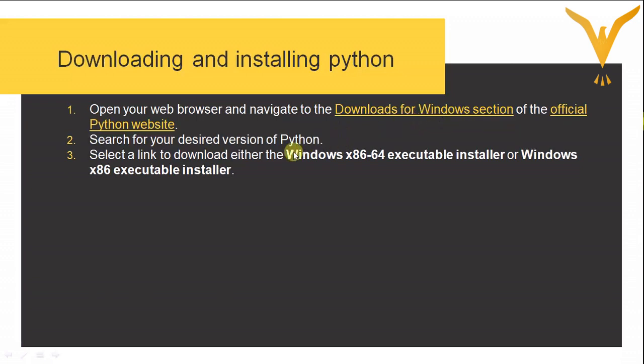Just select your desired version of Python. Right now I'm using Python 3.6. You can select whatever version you want, and just download this particular installer. If you have a Windows operating system, then based on your processor you can download this executable installer, and you just have to install it.